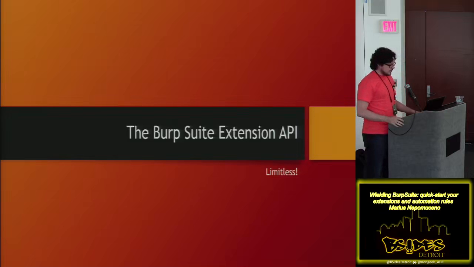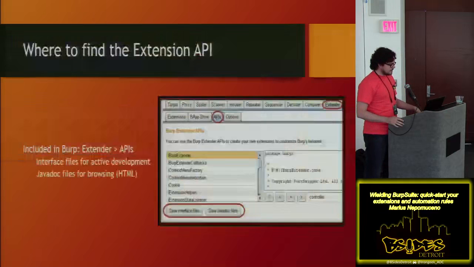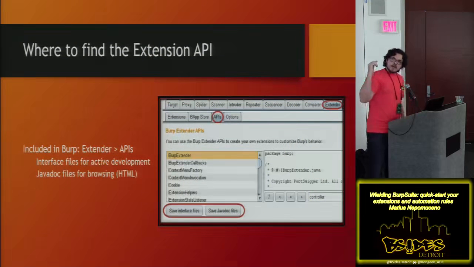So the BurpSuite extension API is truly, truly limitless. It has a bunch of stuff. It's included in BurpSuite. All of the information you need, all of the classes that they expose, are all within BurpSuite. Go to the Extender tab, APIs subtab, and you can see on the left all of the different classes.